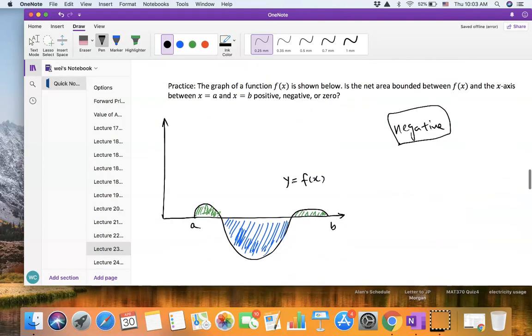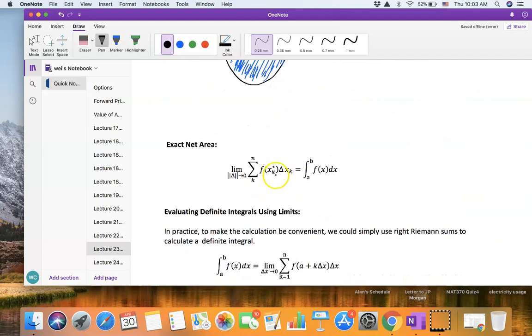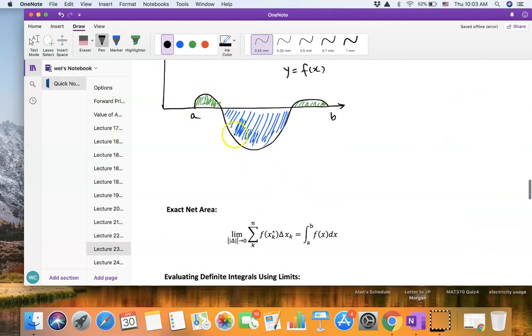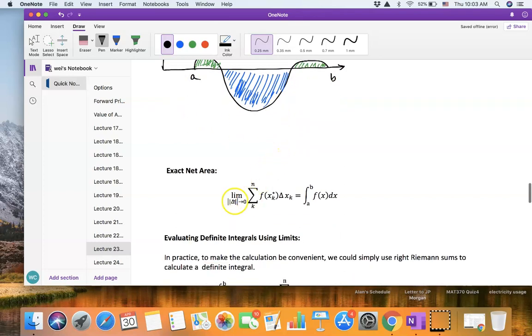Now here is the same thing. If the graph of a function is continuous, then the function is integrable. Then the limit of the Riemann sum will exist, and for the bounded region, we can use this notation. We can use this definite integral to represent it.